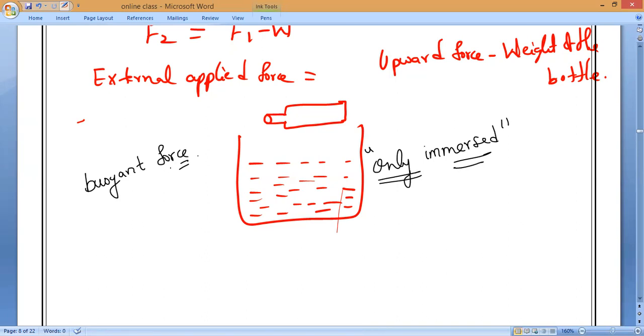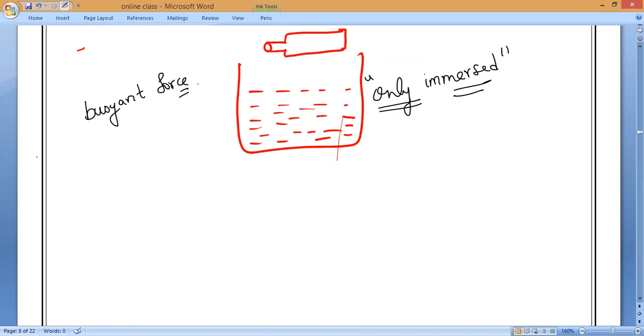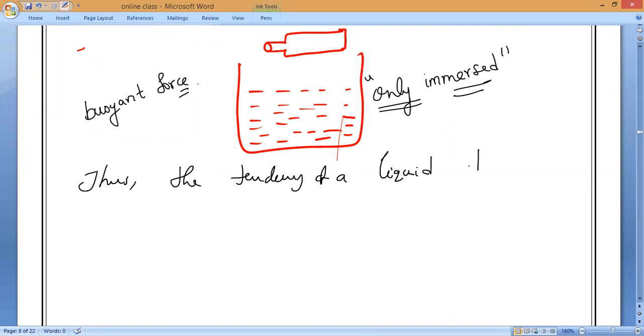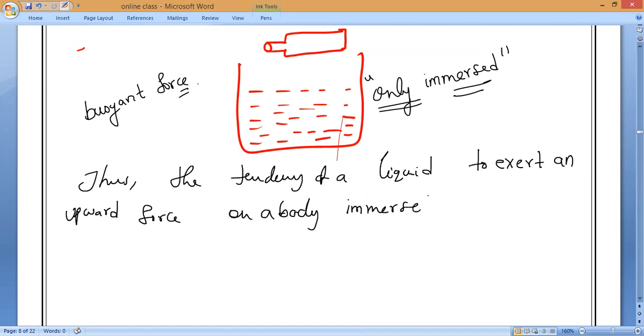Thus, the tendency of a liquid to exert an upward force on a body immersed partially or completely.